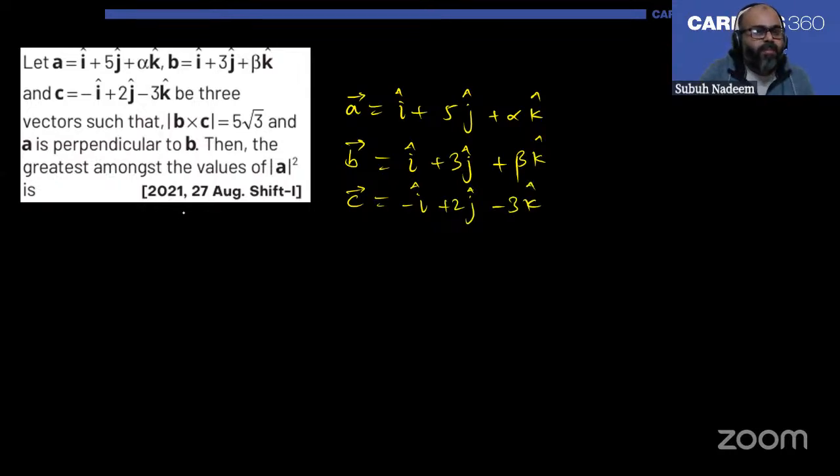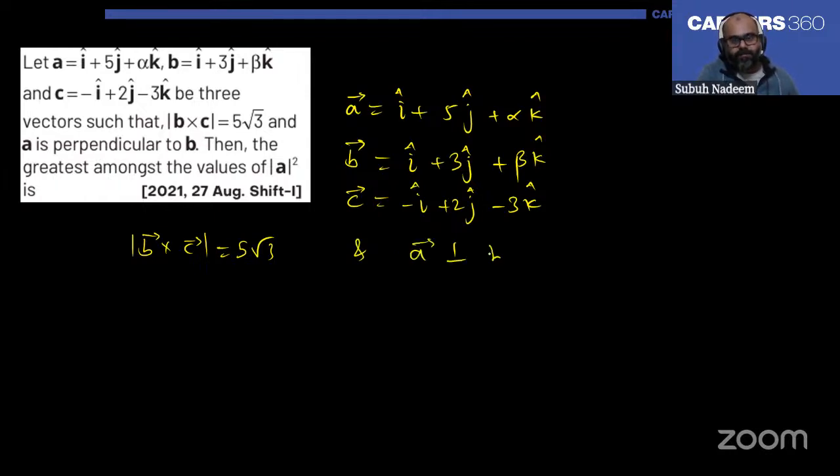Be three vectors such that mod of B cross C is equal to 5 root 3. If we take the cross product of B and C, it will be 5 root 3. And A is perpendicular to B. This is another condition which is given. Then the greatest among the values of mod A square is.